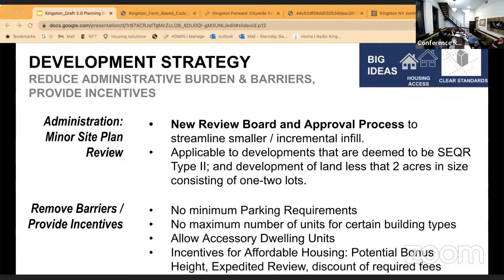It depends on the level of affordability that you're providing. What is expedited review? You'll see that in the affordable housing section. That basically says if you're meeting the affordable housing standards, then you're getting priority in the site plan review process queue. You go to the top of the review.